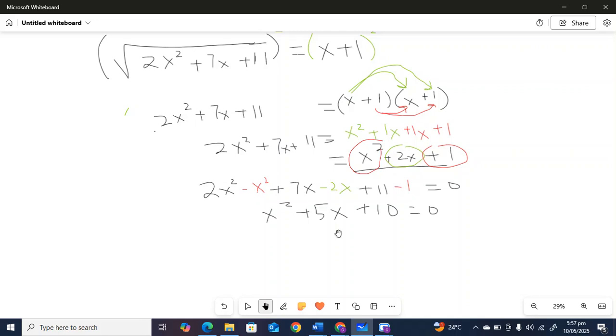Next is to solve the quadratic equation. Okay, so colleagues, what two factors of 10 are such that when you add them, they should give you positive 5, and when you multiply them, they should give you 10?